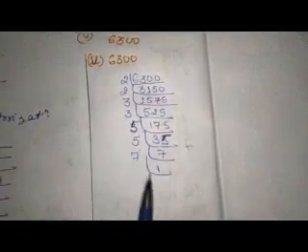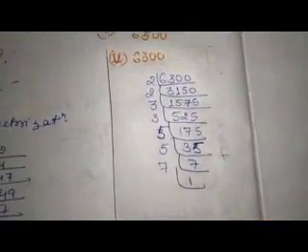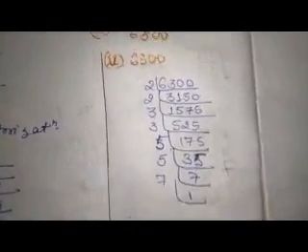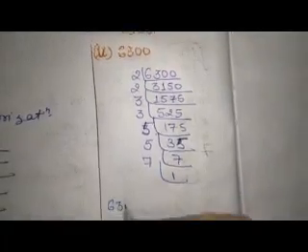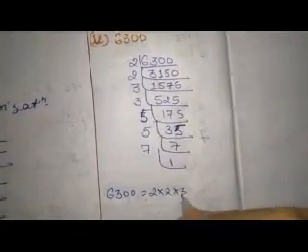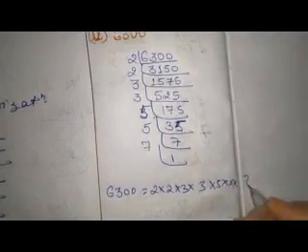Now I am solving question number 5 here. I took the prime factorization. I think you all can do prime factorization. Okay. Now I will write this 6300 as 2 into 2, 3 into 3, 5 into 5 into 7.